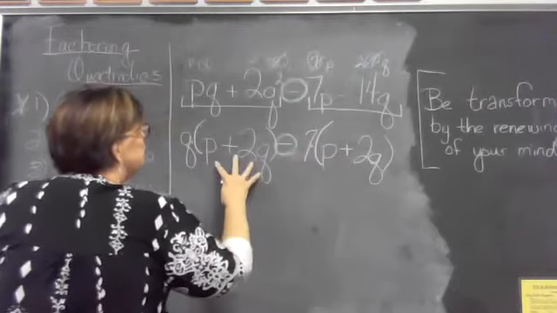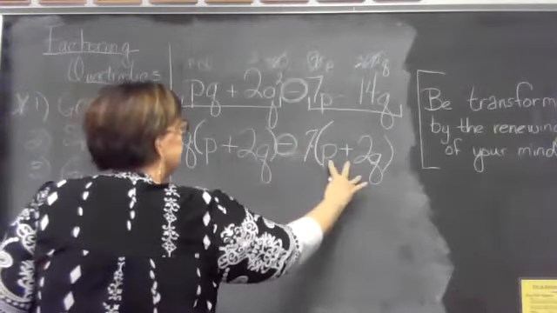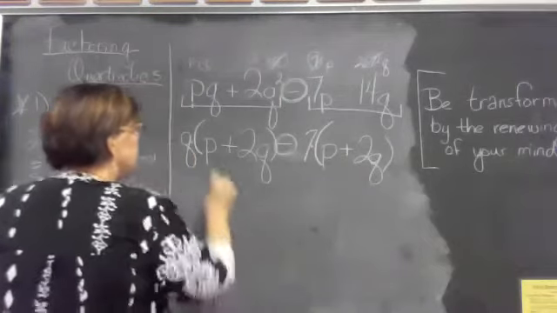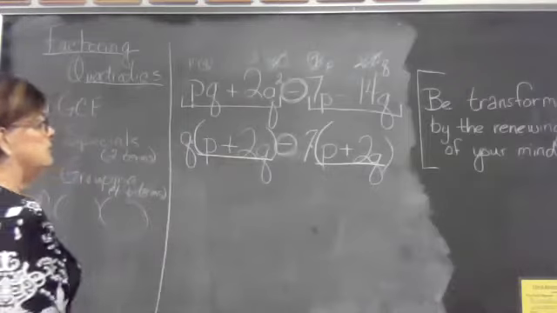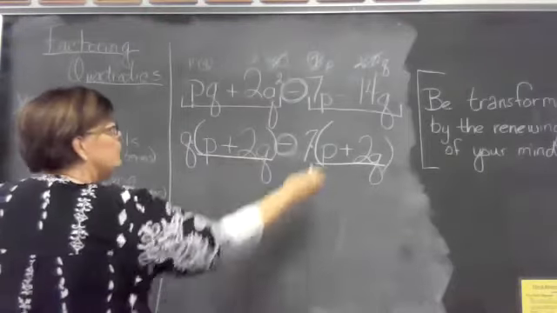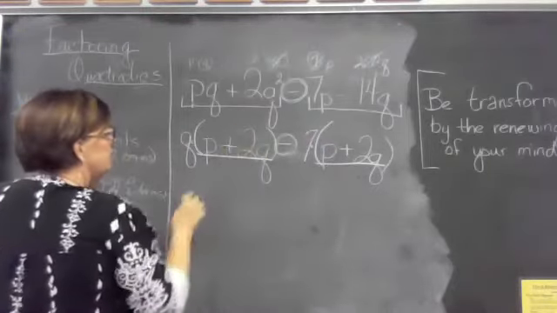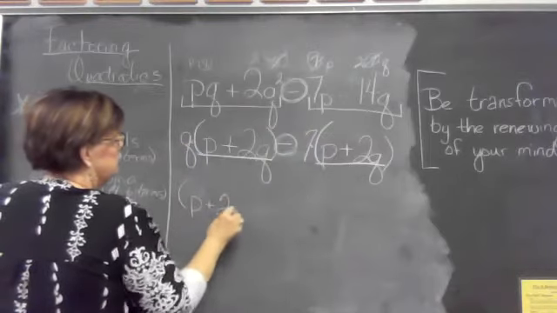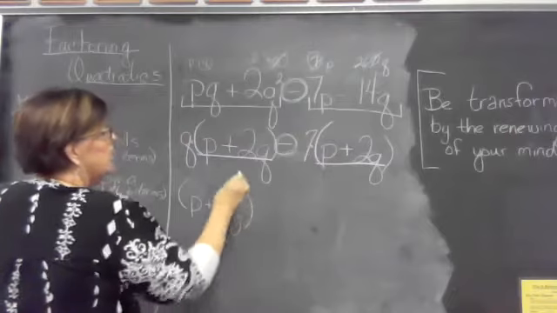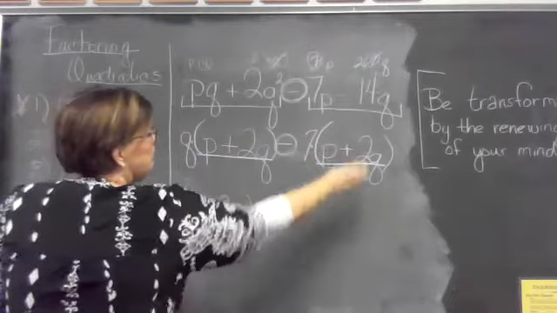But this parentheses and this parentheses are common. Do you see? Now, these are the greatest common factor. So I'm going to factor this out and put it out front. P plus 2Q. Because this is common in both of them.